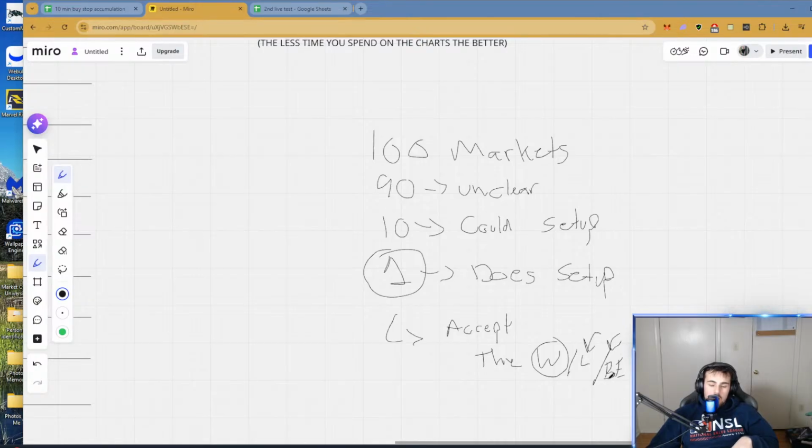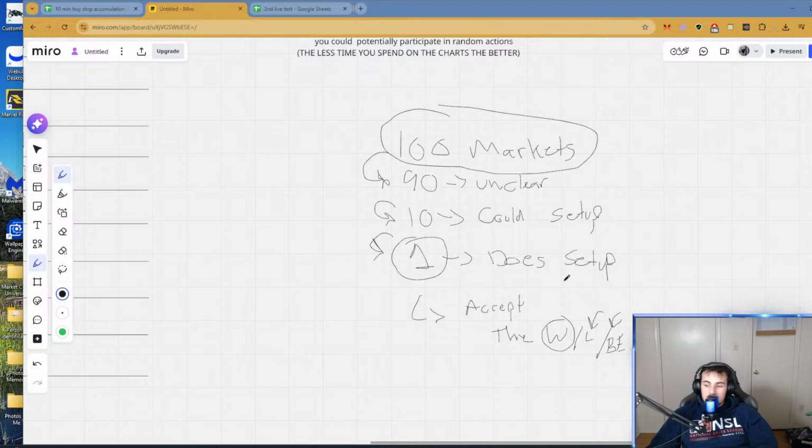Even though a large portion of your trades, even in a clear market, will end in losses or break evens, you will be taking less unnecessary losses or break evens by having a larger market pool that you're able to narrow down into maybe a specific one or a couple specific markets that you are watching that could set up for you.